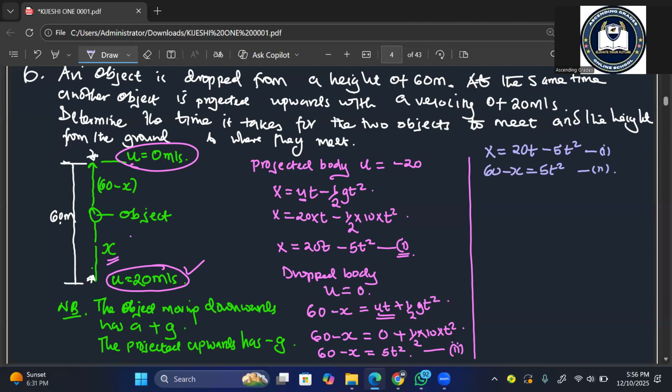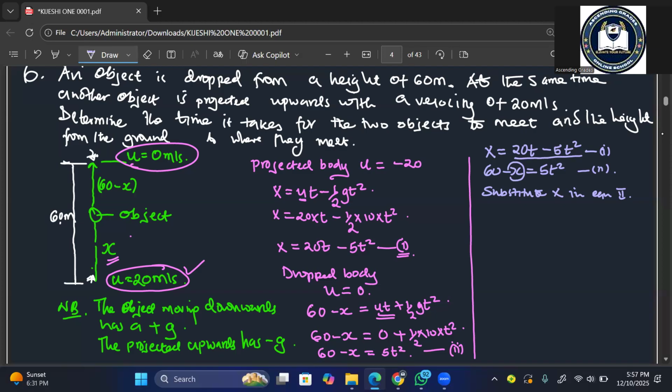So we substitute x in equation 2 using equation 1. So the part where we have x, we substitute with the value of x from equation 1.